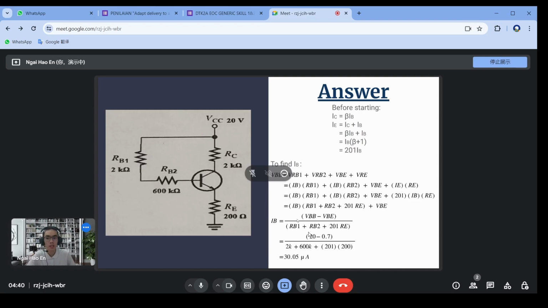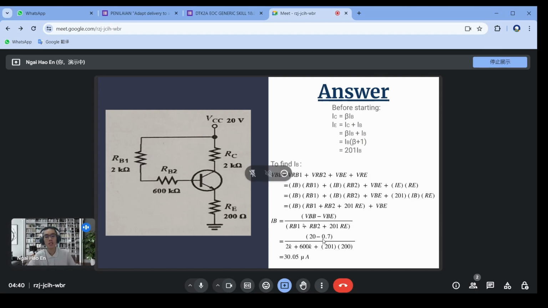And we put the values inside. As I mentioned just now, VBB is the same as VCC, 20 volt, and VBE is based on the type of transistor we use. If it's the germanium type, we need to use 0.3 volt, but here is the silicon type, so we use 0.7.